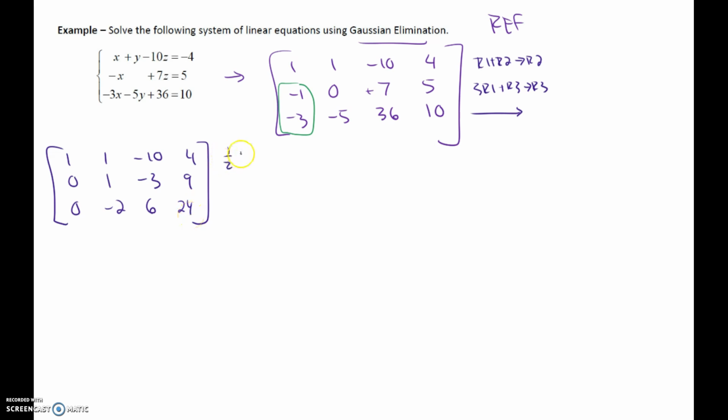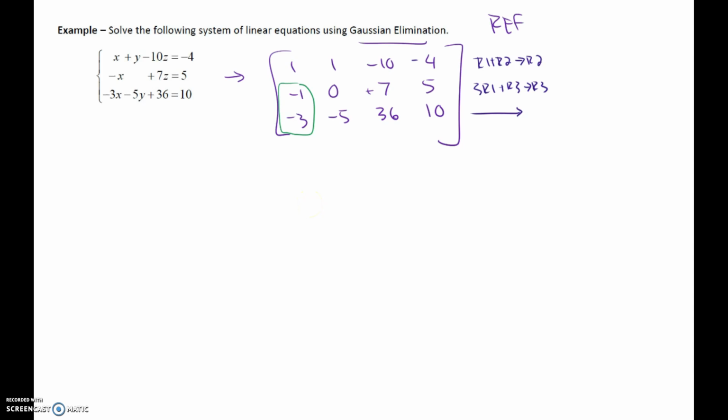I'm going to take half of row 3, clean that up just a wee bit. So multiply by negative 2, that makes it 1, negative 3, negative 12. I think I made a mistake. Geez, this is a negative 4. This is a problem with matrices, people.